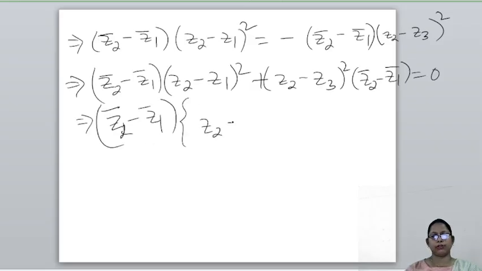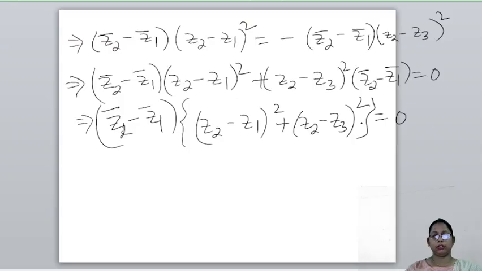Within the bracket it is Z2 minus Z1 whole square plus Z2 minus Z3 whole square. This is 0.